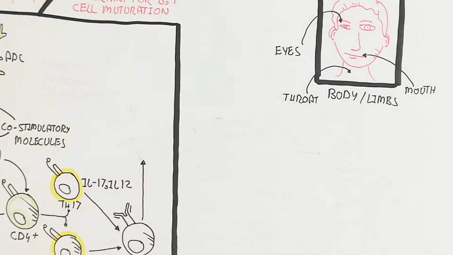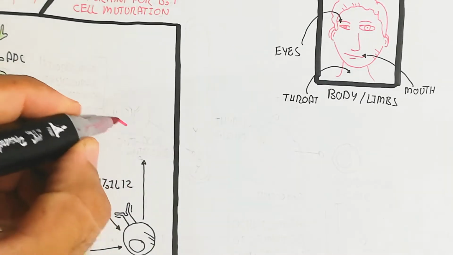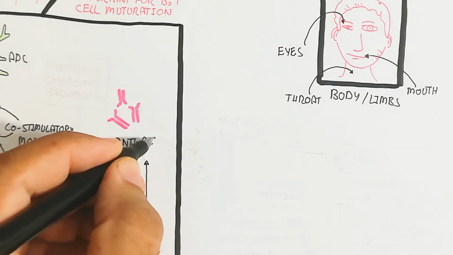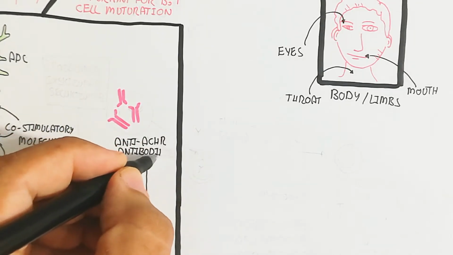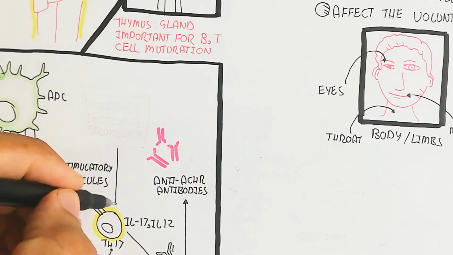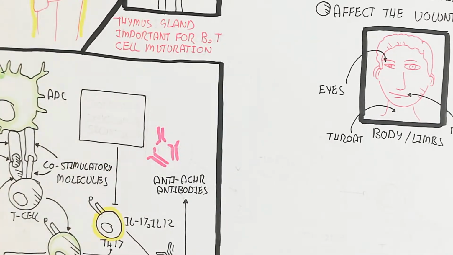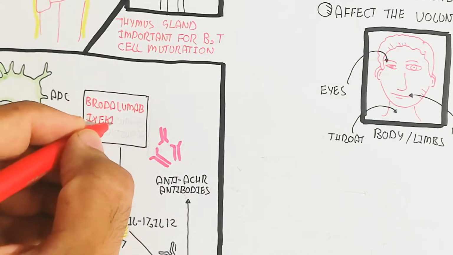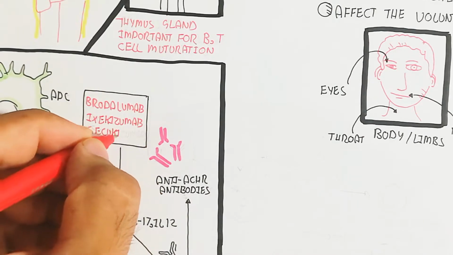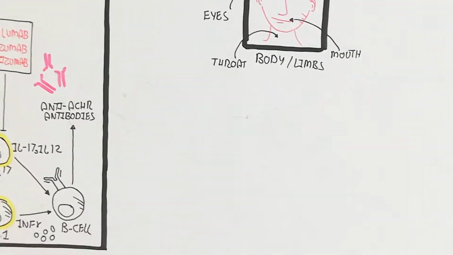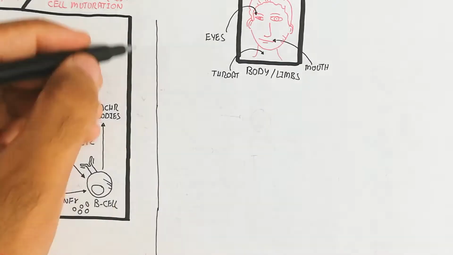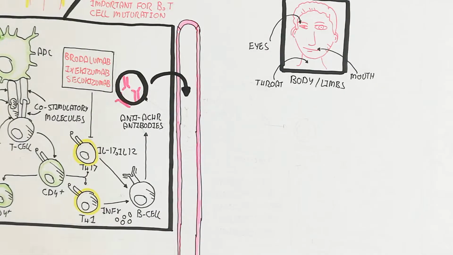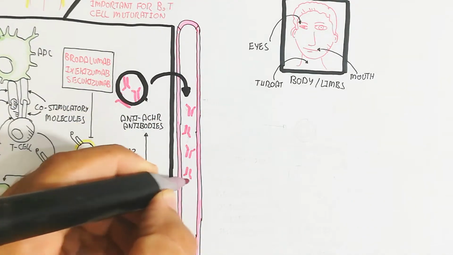The B cell will produce anti-acetylcholine receptor antibodies, which target the acetylcholine receptor to block it. The inhibitors of the T helper 17 cell are brodalumab, ixekizumab and secukinumab, which is a difficult name.